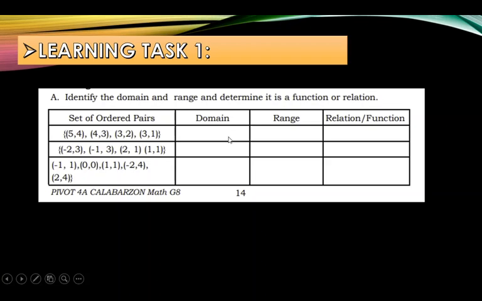So, in this column, we have here the domain. You're going to write the domain from this set, and then from this set, you're going to write the range. And then on this column, you're just going to write if that is a relation or a function.